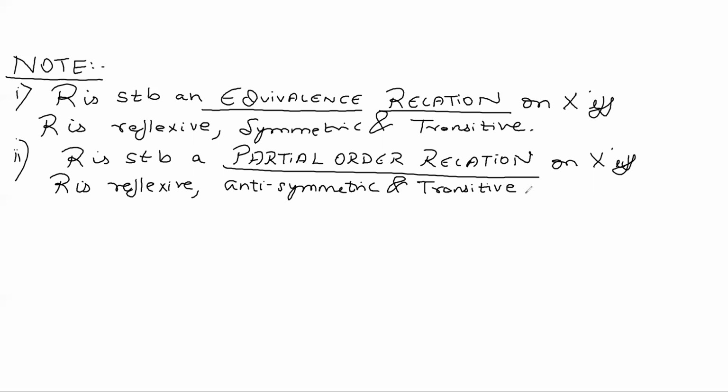So if a relation is reflexive, symmetric, and transitive, it is called an equivalence relation on X. If a relation is reflexive, anti-symmetric, and transitive, it is called a partial order relation on X. So I hope all students are clear with this. Then let's do 2 questions and then we stop.